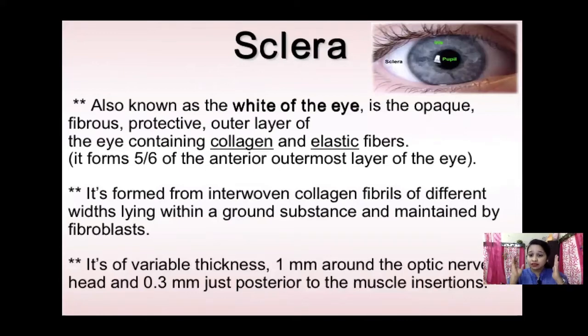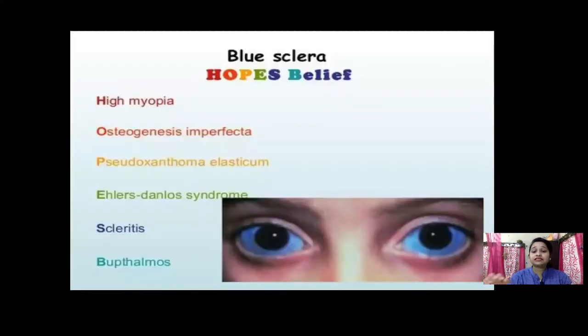So the white part becomes blue. The opaque fibrous protective outer layer of the eye, containing collagen and elastic fiber, becomes blue. The reason is some medical conditions which you can remember easily through this mnemonic, HOPES BELIEF. I hope it will be useful to remind you why blue eye can happen.